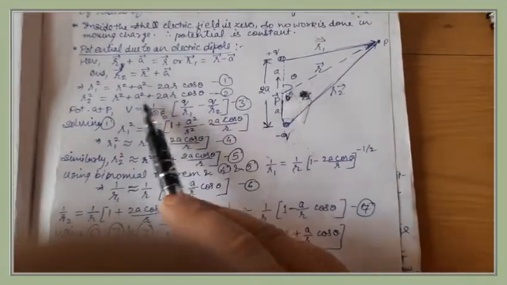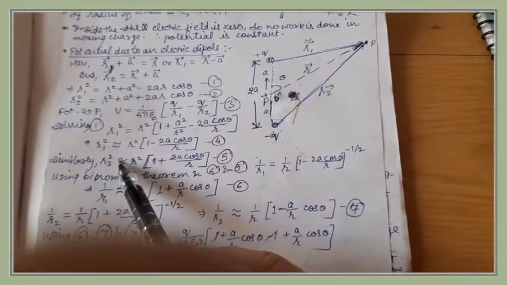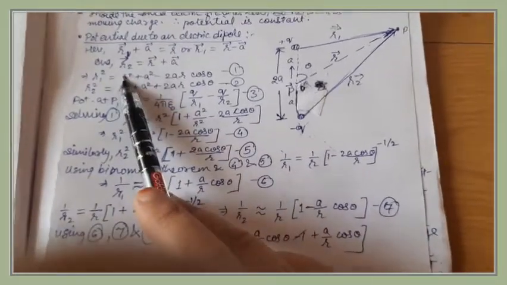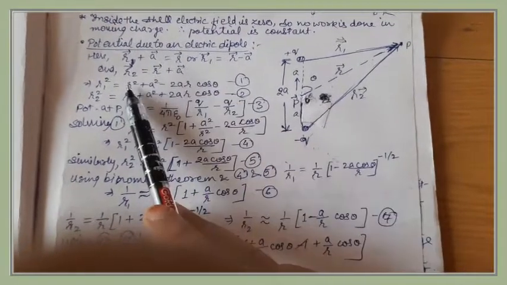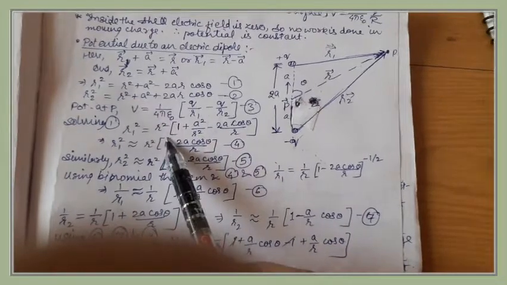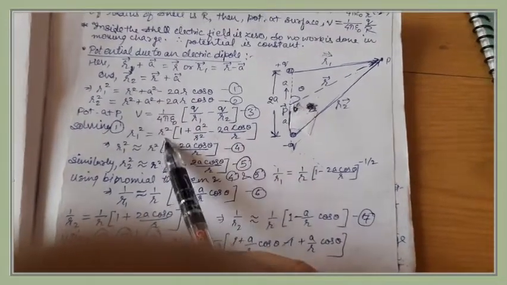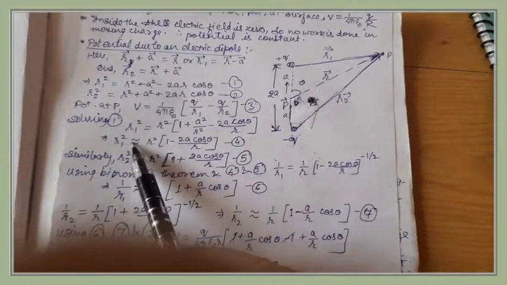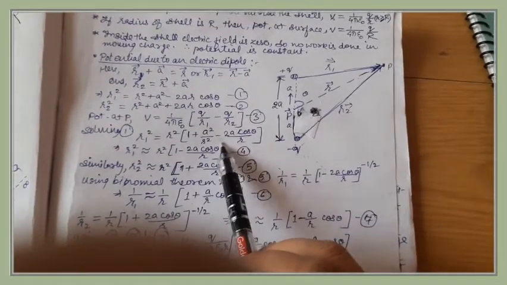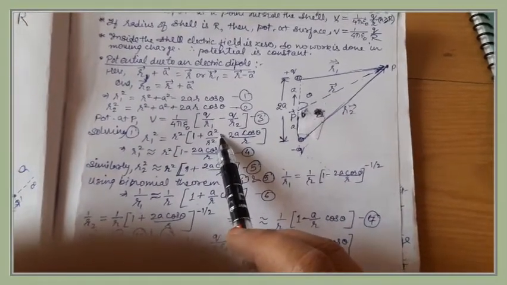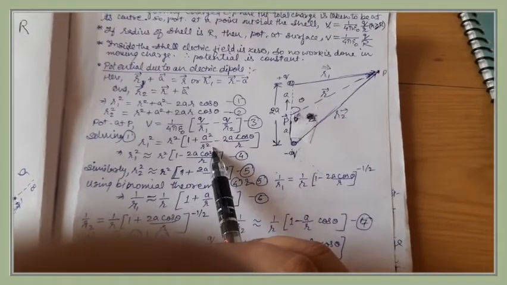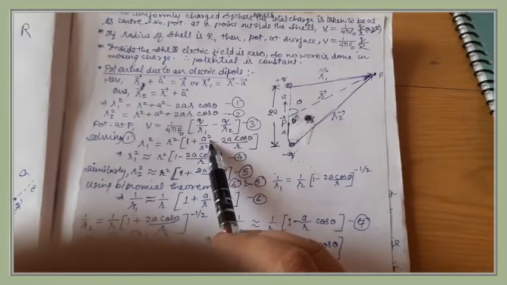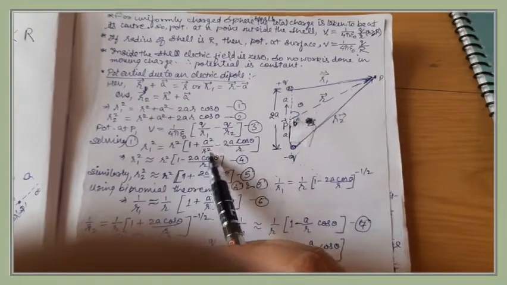Now we are simplifying the values of r1 square and r2 square. So from equation 1, we take r square common, so we have this quantity in the brackets. After taking r square common, on approximation, for r very much greater than a, we can neglect the middle term.